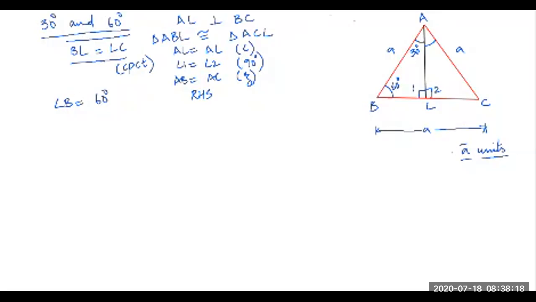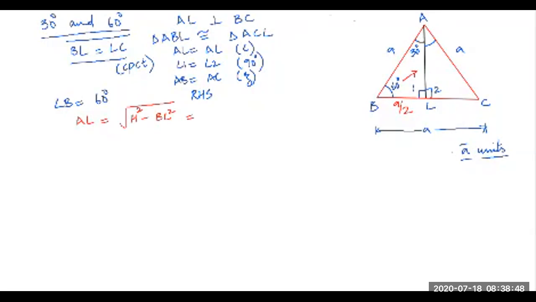But BC is equal to A, that tells that what? BL will be equal to A by 2. Am I right? Now when BL is equal to A by 2, what will be AL? The opposite side to angle 60 degree. AL, I can easily find out by Pythagoras theorem, would be hypotenuse square minus BL square, that is base square.